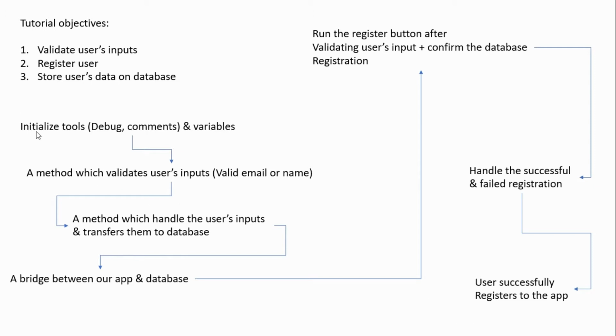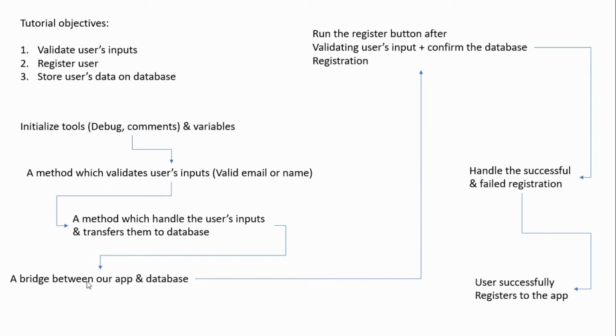The first thing is we need to initialize tools, which I remember we have done in our previous video. The second step is we need a method to validate user inputs such as the email and password. Then once everything is ready from this method, we move into the other method, which is handling the user information and transformation from our Android project to our database.